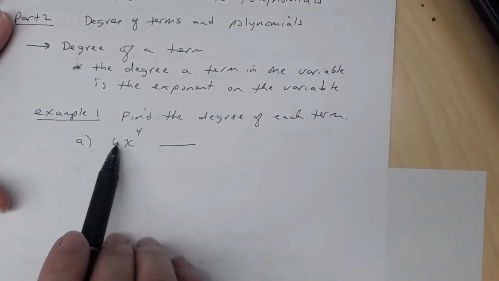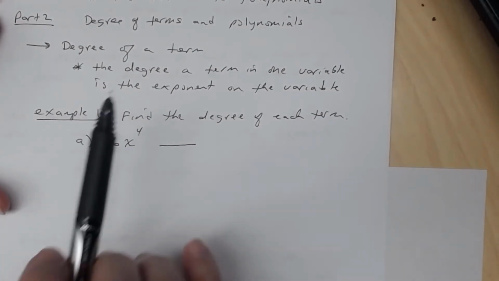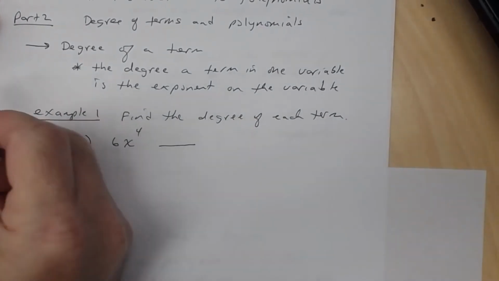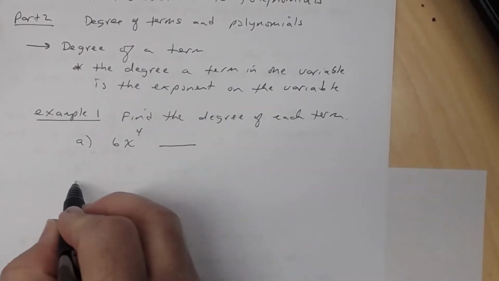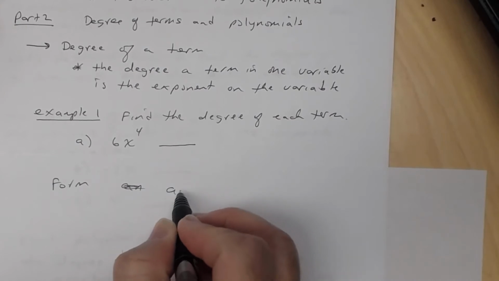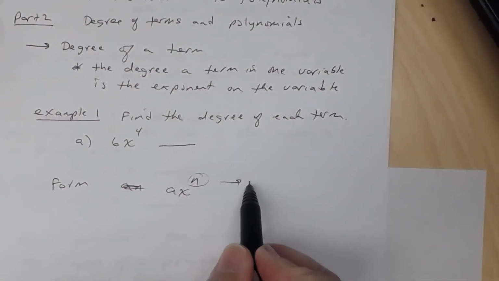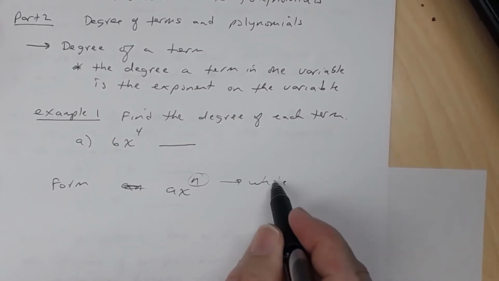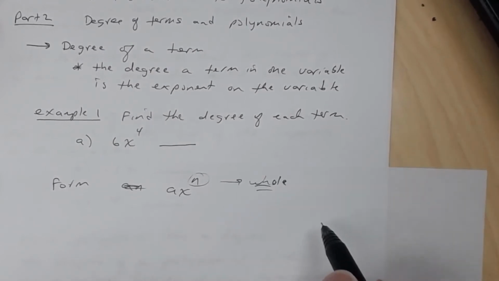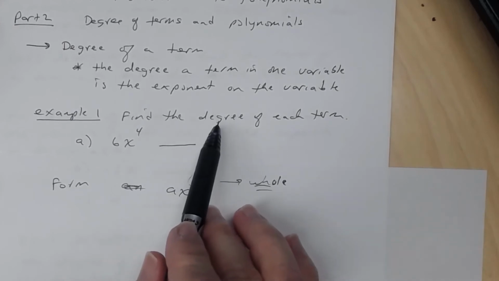So this term here is 6x to the fourth. And remember, we're talking about polynomials. So the term of a polynomial, remember, has the form ax to the n power, where n, remember, is a whole number. So we are talking about terms of a polynomial, and that's where we discuss the word degree.